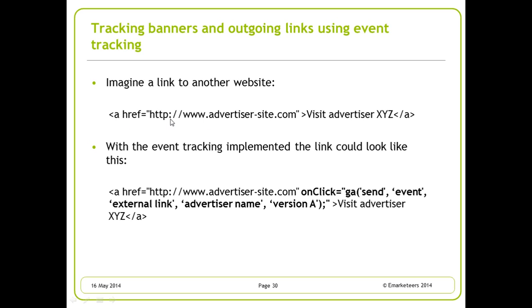So the website goes to www.advertisersite.com, and now we implement the event tracking on that link, and basically the link becomes www.advertisersite.com. On click, GA send an event of category external link with the action advertiser name, and as a label version A, because maybe we're testing different versions. Very simple to implement.